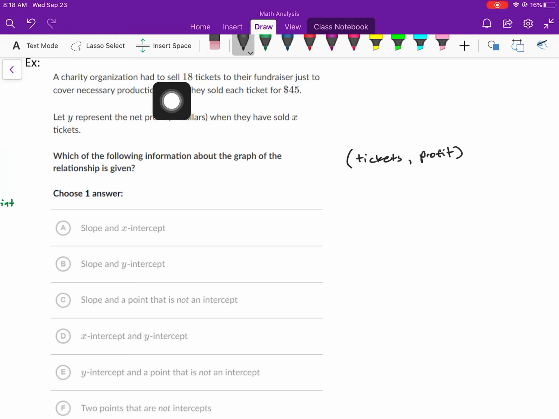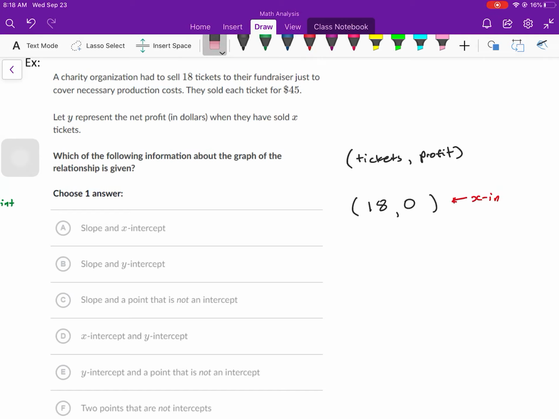And I'm looking at this, and it says that they had to sell 18 tickets to the fundraiser just to cover the necessary production costs. So in order to have zero profit, in order to have no profit at all, they had to sell 18 tickets. Doesn't this look a lot like an x-intercept?